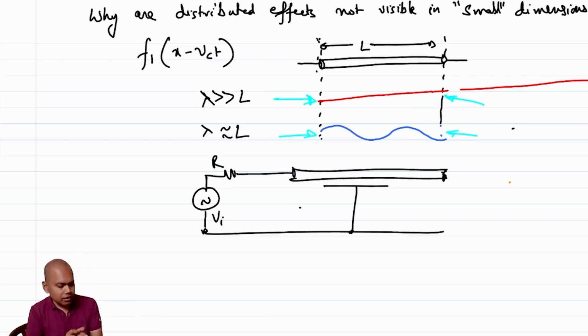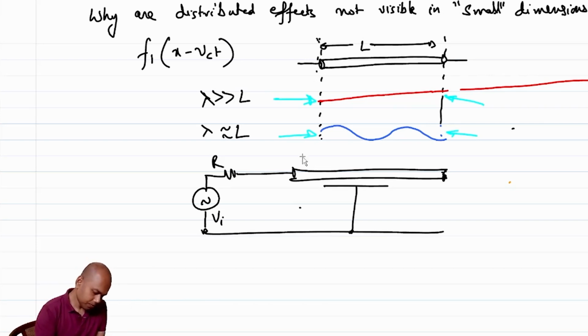Since this entire system is LTI, after steady state, the waveform at any point of an LTI system will have the same frequency as that of the input, right? So now let's keep that at the back of our mind as we proceed.